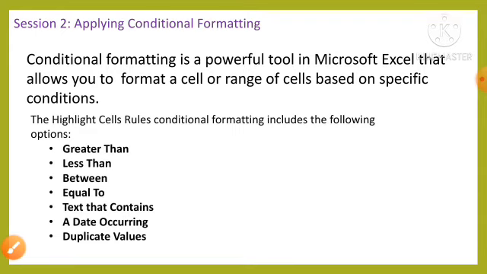Next is conditional formatting. Conditional formatting is a powerful tool in Microsoft Excel that allows us to format a cell or range of cells based on specific conditions. These conditions are based on the data or value present in the cell. When the value of the cell satisfies the condition, the format you have selected is applied to the cell. For example, we may want to highlight a cell in a particular color if its value is greater than 500.